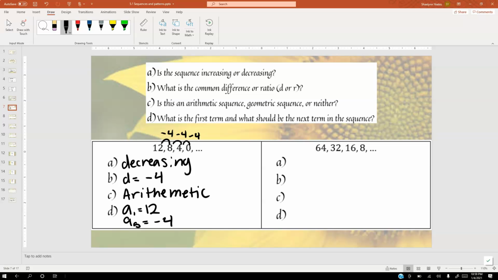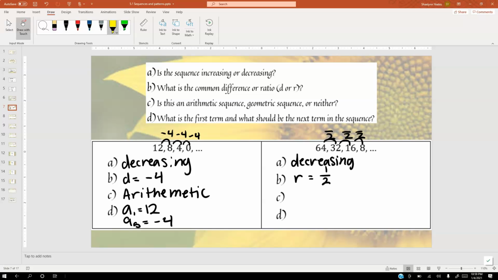All right, let's try this again. Let's look at this next one. So it goes 64, 32, 16, 8. So this one is also decreasing. And 64 to 32 is minus 32. 32 to 16 is minus 16. It's not subtracting the same thing every time, so we're going to have to try something else. Maybe you notice that it's dividing by 2. So 16 to 8 is also dividing by 2. So this is a ratio, and because we're dividing by 2, it's a ratio of 1/2.